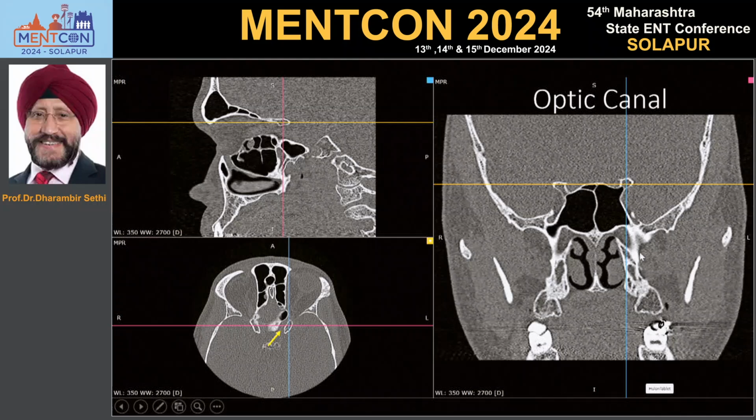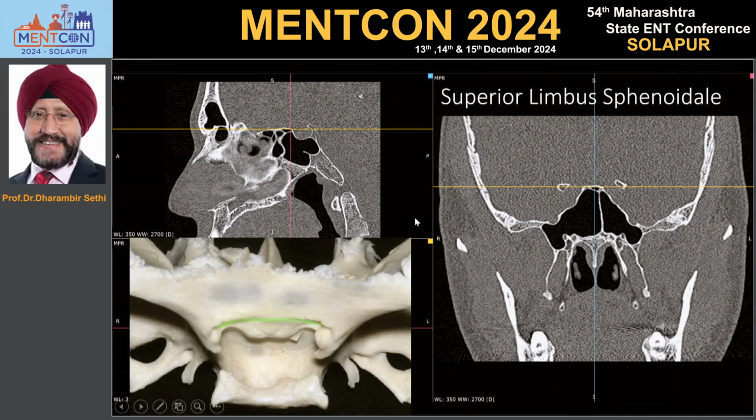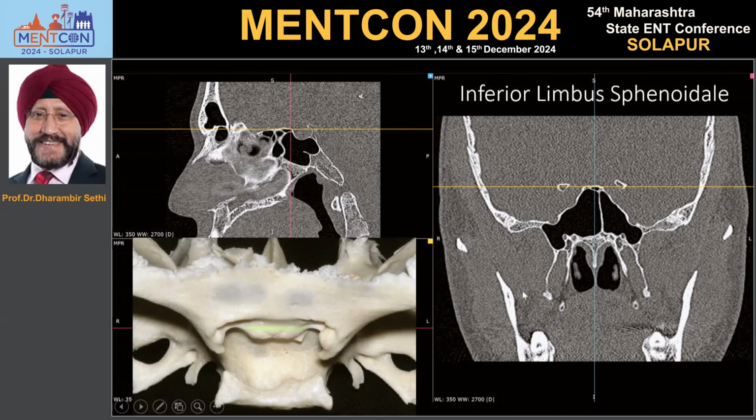Going on, this is the optic canal that you can see right here. This is the anterior clinoid process, and that's the optic nerve canal. The planum sphenoidale ends posteriorly into the chiasmatic groove. Above the chiasmatic groove, you don't see this structure very well, but it's the superior limbus, which is shown here, and the inferior limbus, and the chiasmatic groove lies between the two.